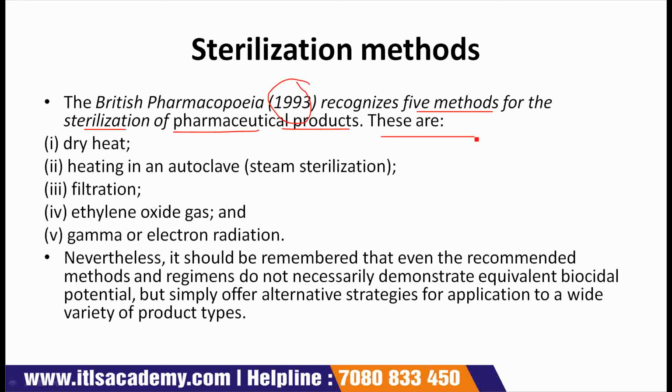These 5 methods are: first, the dry heat method. Second method is heating in an autoclave, and this is steam sterilization. Most of the time in the laboratory we use the autoclave method or steam sterilization method. The autoclave is an instrument that looks something like this.